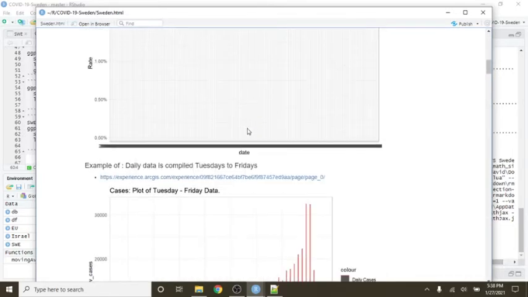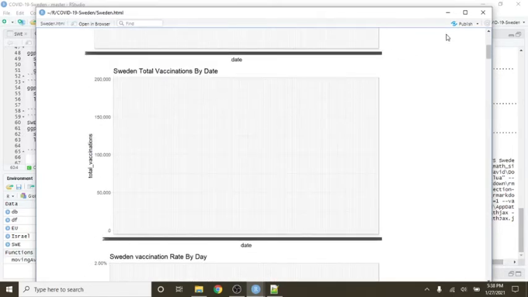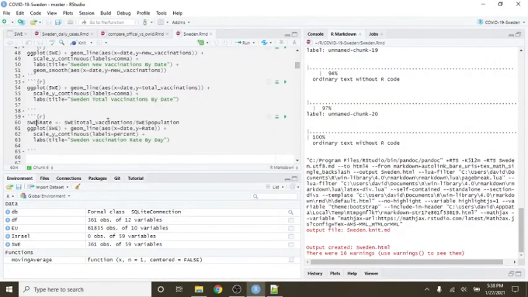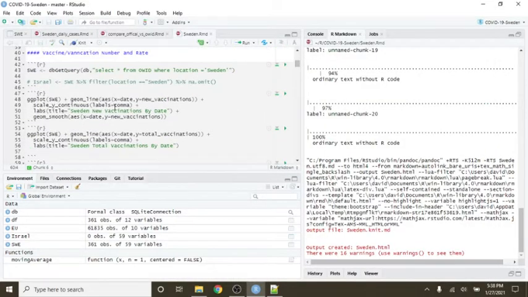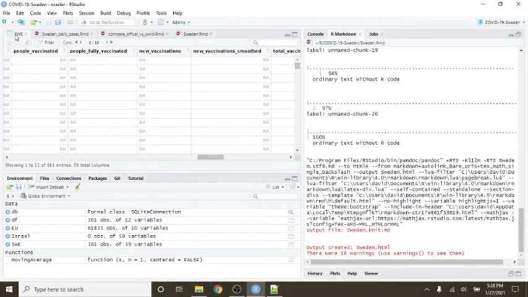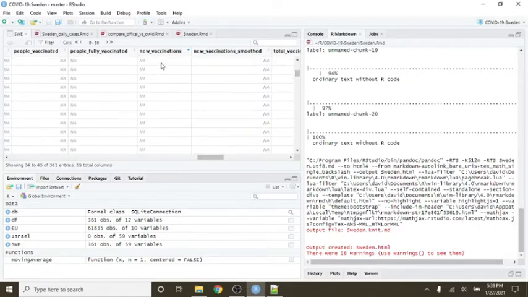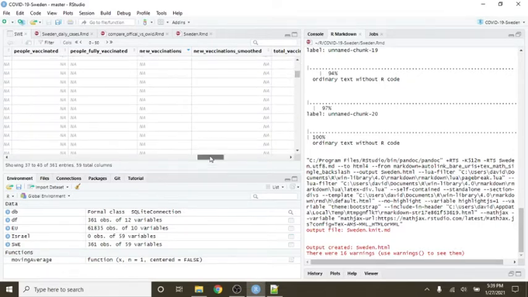I'm not quite sure why. People vaccinated.